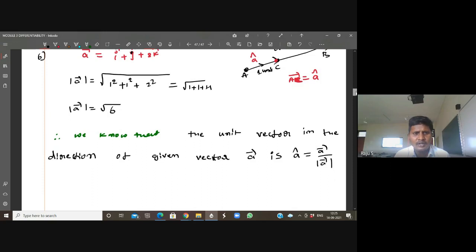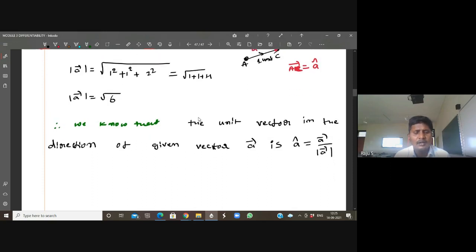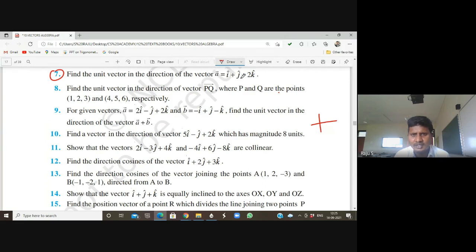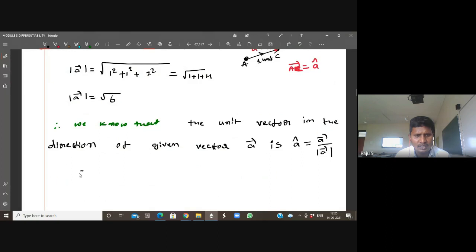See students, I have written the definition: the unit vector in this question is asked in the direction of the given vector. Here a cap is simply, by the formula, vector a by its magnitude. That's it. We already found the magnitude, so a cap is equal to vector a by its magnitude.